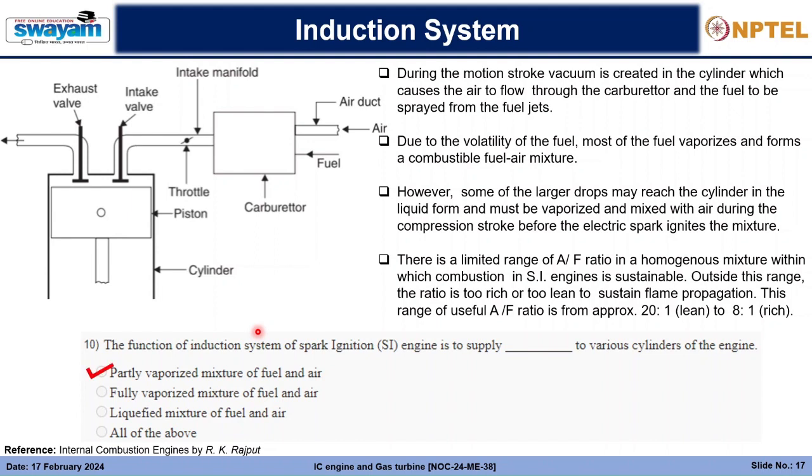Why partly? Because it is not able to completely vaporize the entire thing, and the part left unvaporized is taken care of by the high temperature and pressure inside the cylinder, which automatically contributes to vaporizing the fuel left unvaporized at the outlet of the carburetor. So that is the question, and this is the answer.